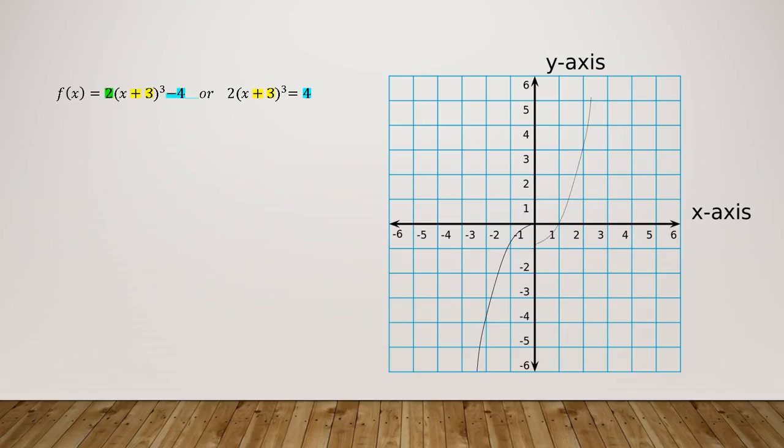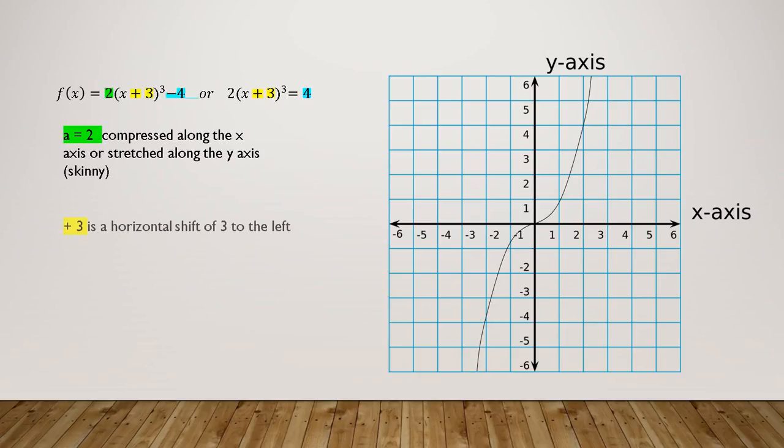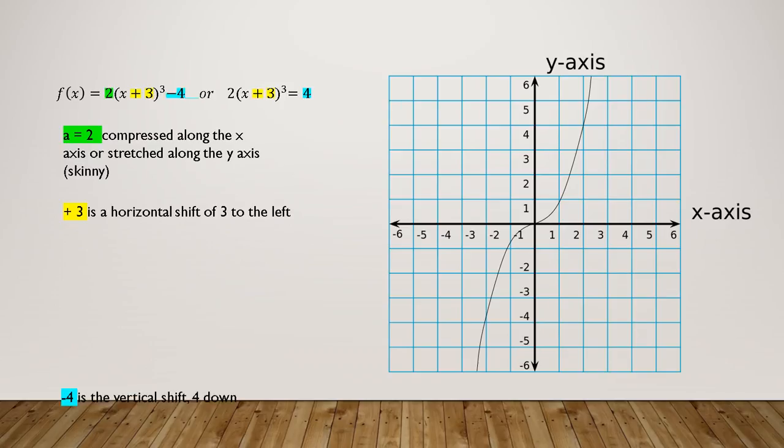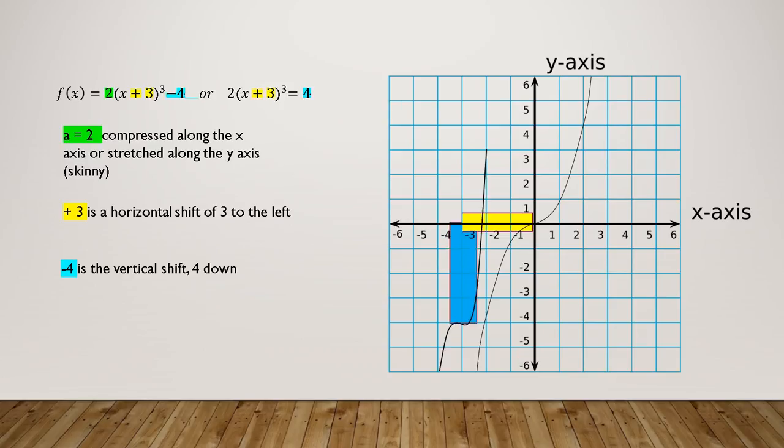There's the basic model. There's our vertex. And there's the 3 to the left, and there's the 4 down, and there is our function. And notice that it is a little bit stretchier, more elongated than the basic model. I hope that helps.